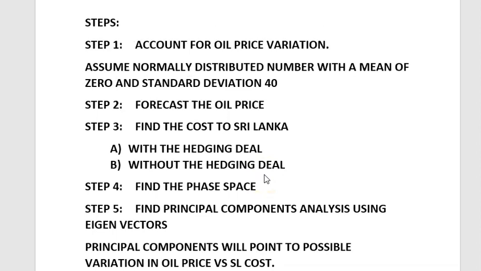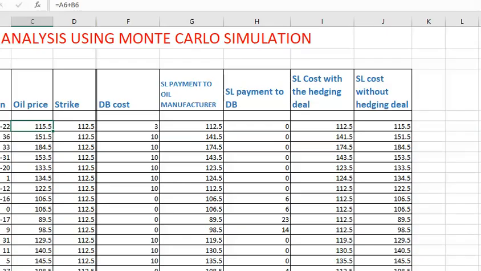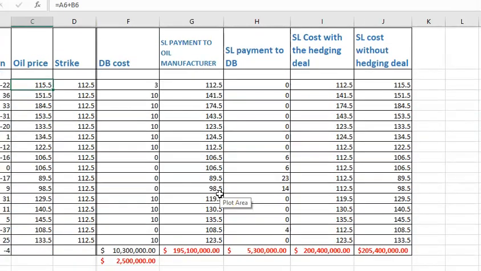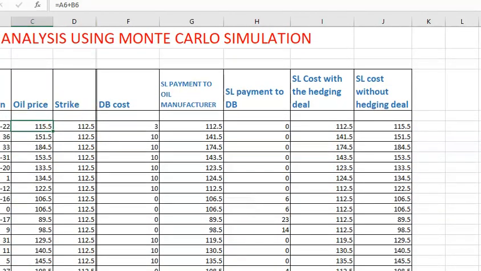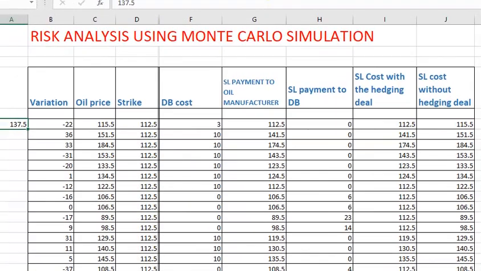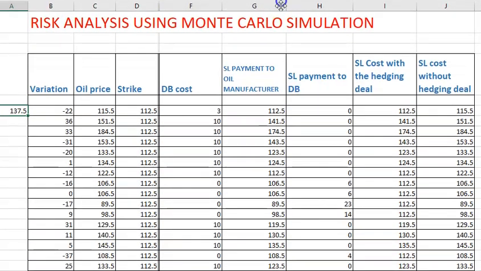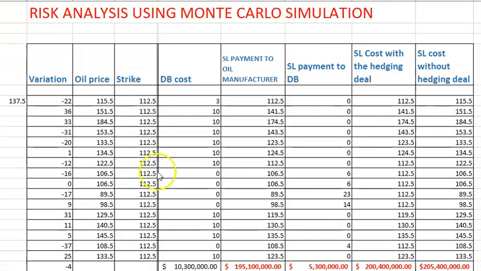And so I made an Excel chart. This is the risk analysis using Monte Carlo simulation. So here's the starting oil price, 137.5, and the variation.